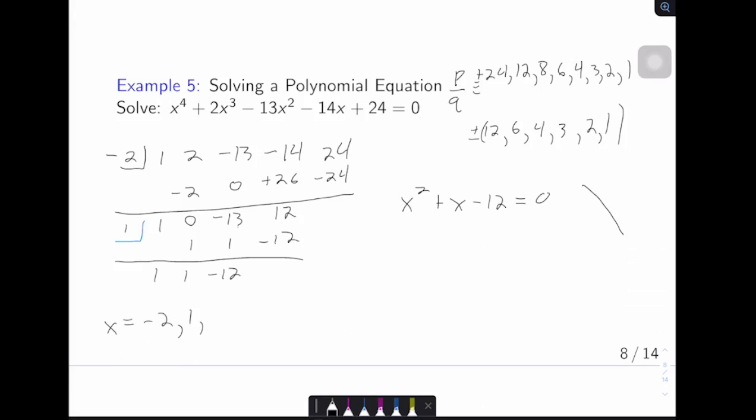Things that multiply to make negative 12 and add up to become 1 are a 3 and a 4. But the 3 has to be negative. So we get x minus 3 times x plus 4, or we just get the answers of negative 4 and 3.